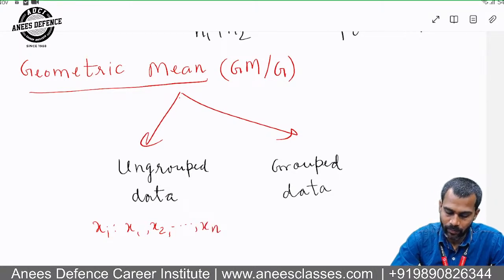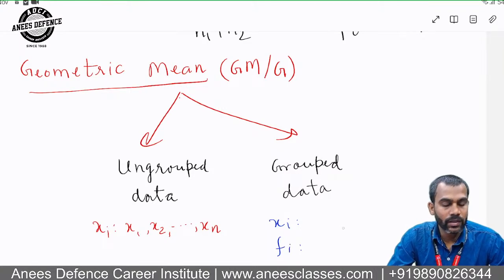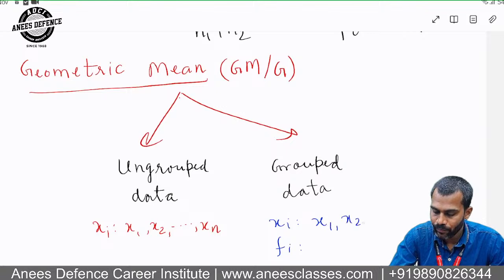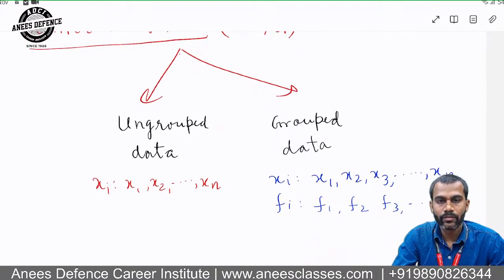And grouped data would be something like this: xi and fi, data along with their respective frequencies: x1, x2, x3 till xn, and f1, f2, f3 and so on till fn.